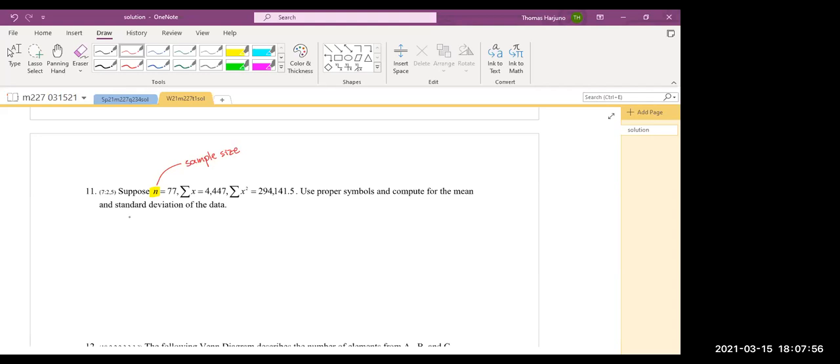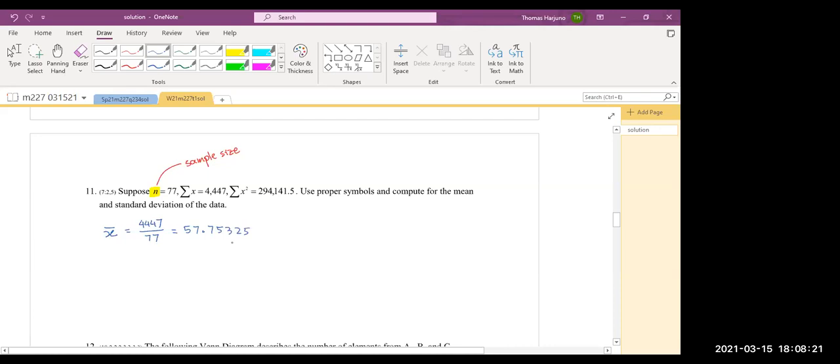Here it is a sample. Now the mean will be the sample mean, x bar, that is 4,447 over 77. That's 57.75325.